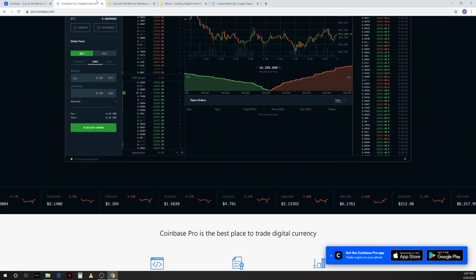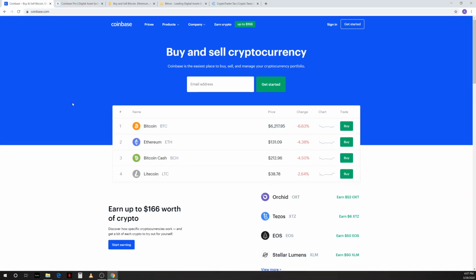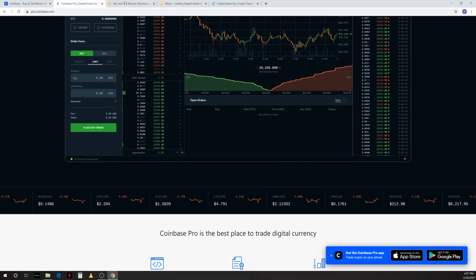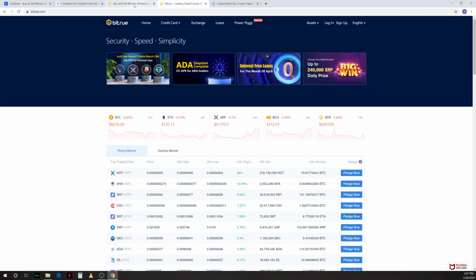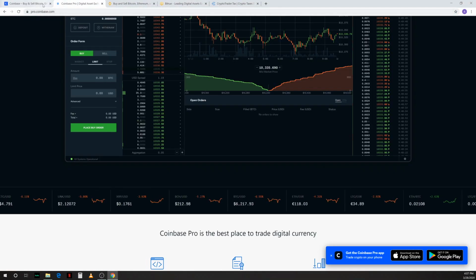You can think of Coinbase as like a dealer where they'll sell it to you. The fees are kind of high, whatever. It's super easy, great platform. That's the first one I recommend to people. The app is pretty cool, and all these exchanges I talk about have apps, which makes it really nice.